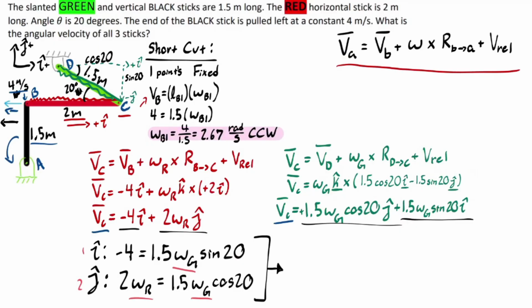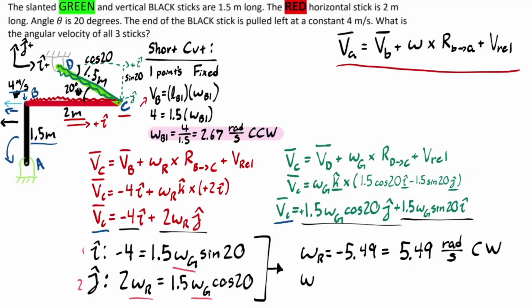And so when I do that in Mathematica, I get two things. I get that WR is the same thing as negative 5.49, right? Which means since it's a negative, it's going in the clockwise direction. So it's just 5.49 radians per second, right? This is an angular velocity in the clockwise direction.